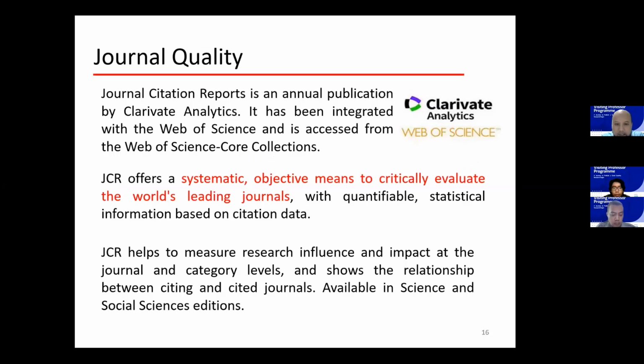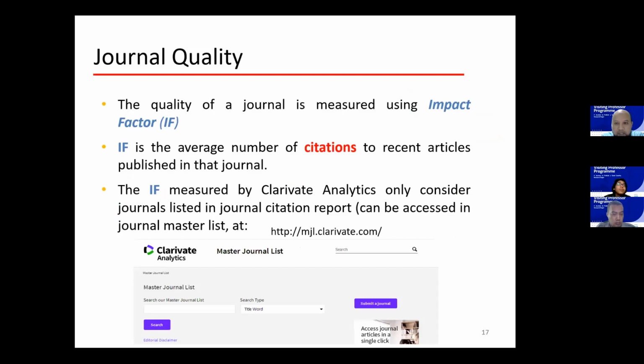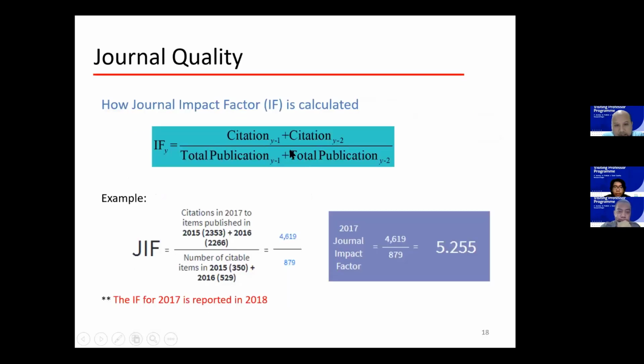So basically, one of the main things is that the highest number of citations will lead to a good ranking position for that journal. So it is measured as the impact factor, IF. Okay, so for Clarivate Analytics, this is how they measure the journal.